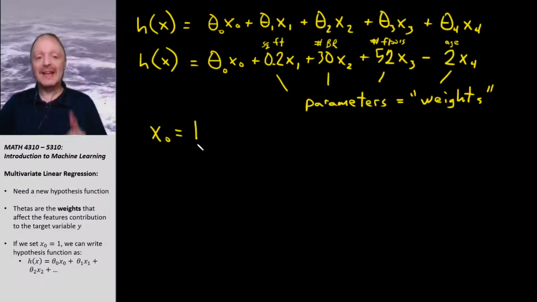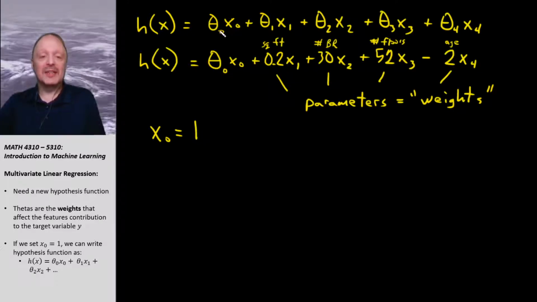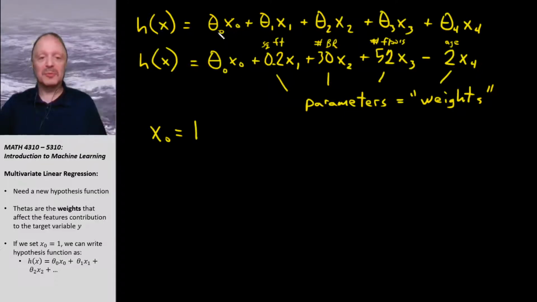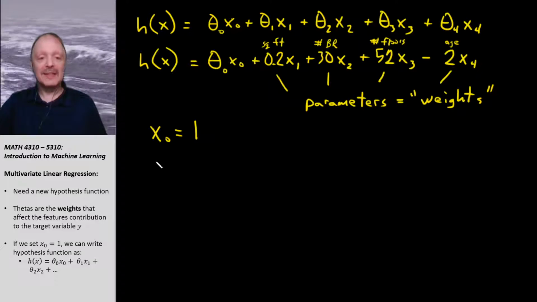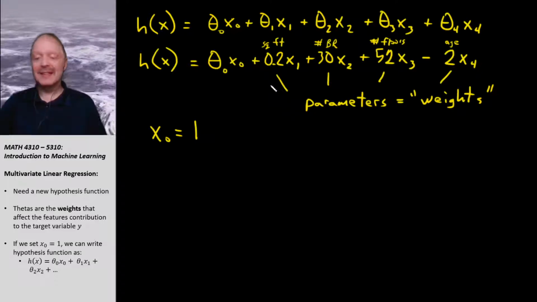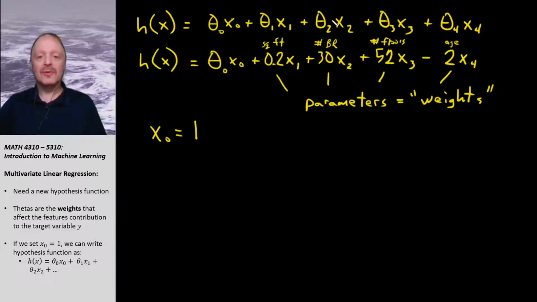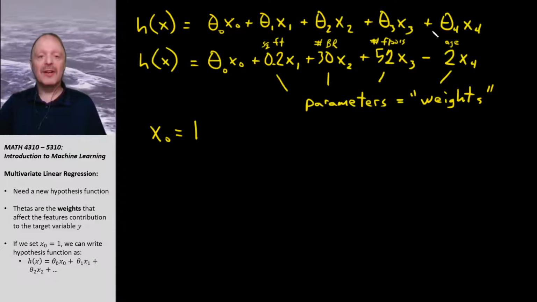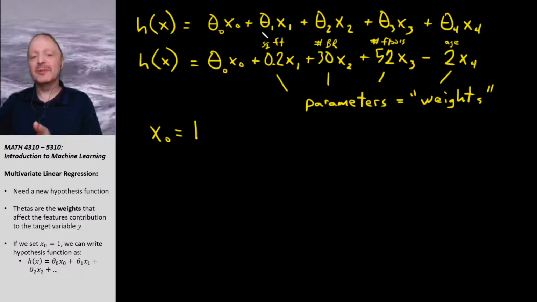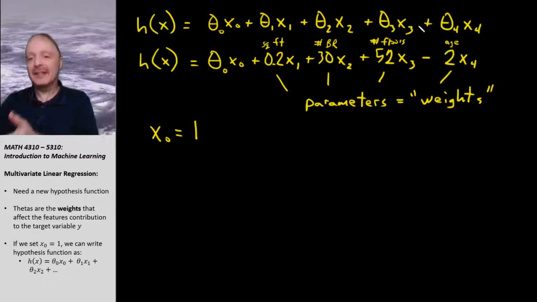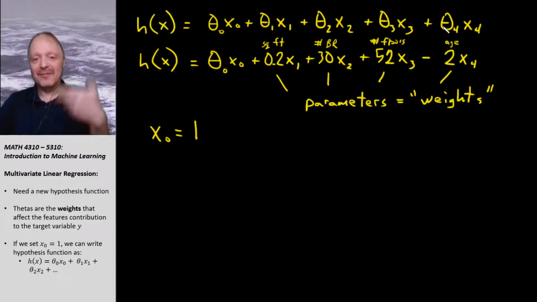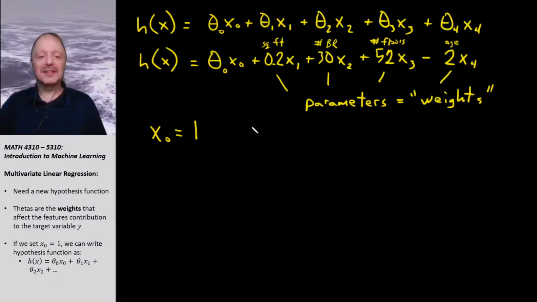If that's the case, then this is still just theta 0, because multiplying theta 0 times 1 is still just theta 0. But now I can say my hypothesis function is this beautiful thing right here. Theta 0 x0 plus theta 1 x1 plus theta 2 x2 plus theta 3 x3. It flows. There's a patterning that's going on there.